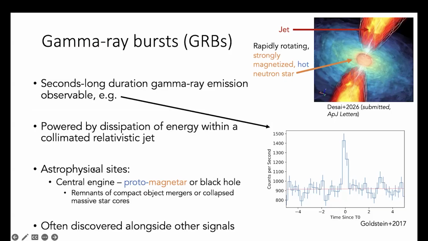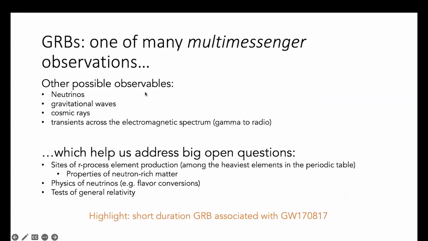But yeah, so the astrophysical sites are the remnants of compact object mergers or collapsed massive star cores, and they're often discovered along with other signals. So they're one of many multi-messenger observations. Other possible signals are neutrinos, although we haven't detected any concurrently with the GRBs.